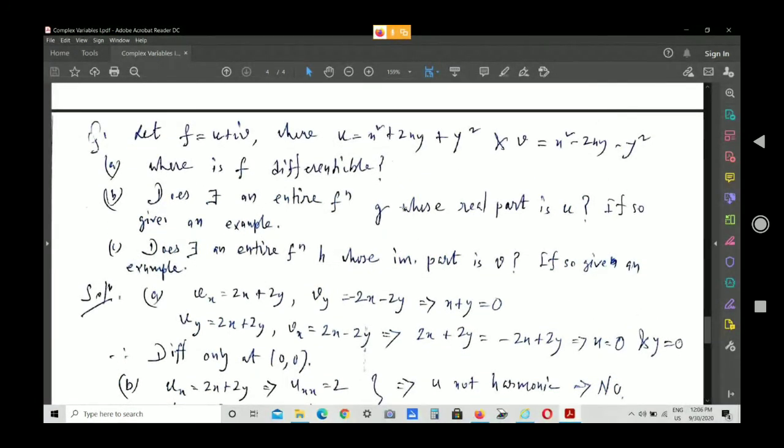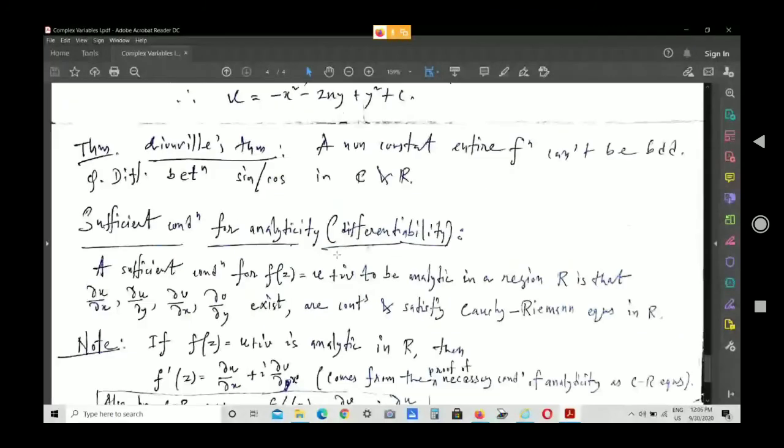The main thing is to know what a differentiable function is, what an analytic function is, and what their differences are. Also, what a harmonic function is and what its connection with an analytic function is. This connection is given by that result, that if a function is analytic, its real and imaginary parts must be harmonic. So if you understand this connection, then this will be fine.